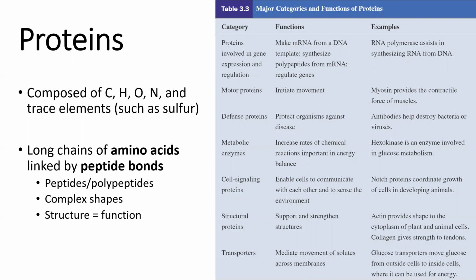So proteins are actually the most diverse macromolecules found in an organism. They are composed of carbon, hydrogen, oxygen, nitrogen, and trace elements that are found on the functional groups, such as sulfur. With proteins, you have the individual monomers, which are called amino acids, which are linked together by the specialized covalent bond known as a peptide bond.